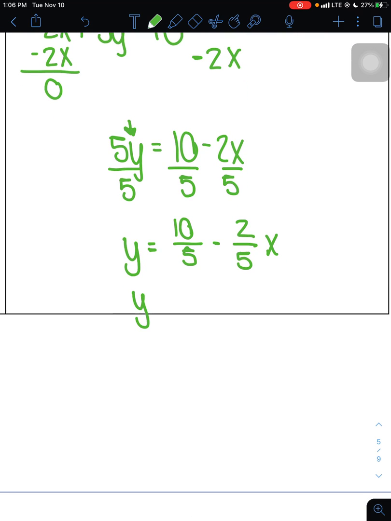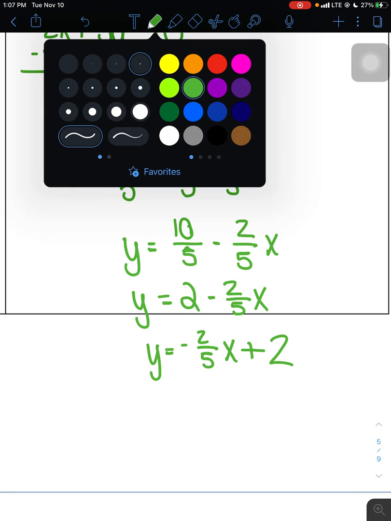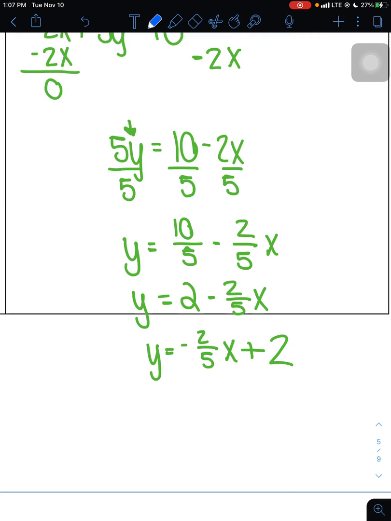This is going to simplify to y equals 2 minus 2/5 x. And if I put this into my format from above, I could just switch the order: y equals negative 2/5 x plus 2. Now I need to identify what the b is. And here the constant, because b is equal to the constant.